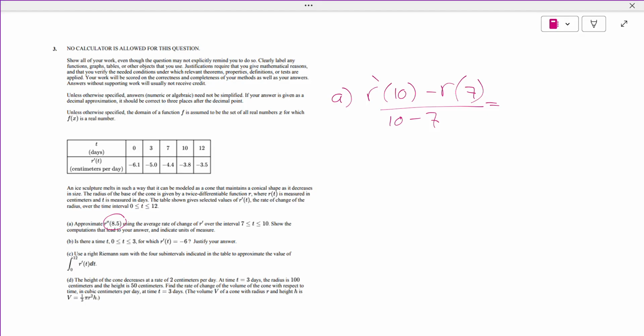They are negative 3.8 minus R prime of 7, which is negative 4.4, over 3. That would be 0.2 centimeters squared per day squared.